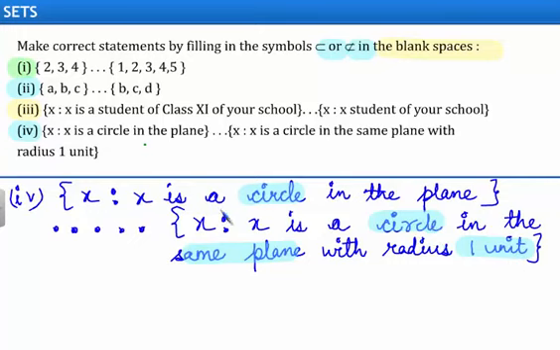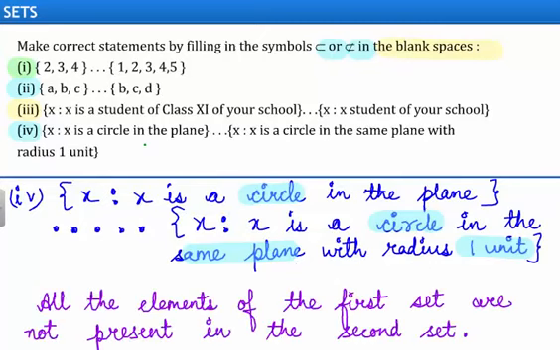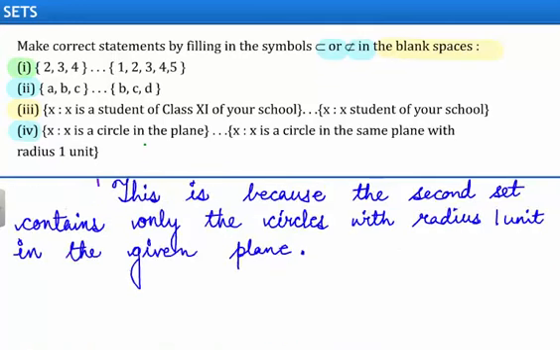That means all the elements of the first set are not contained in the second set. So we can say all the elements of the first set are not present in the second set. And the reason for this is the second set contains only the circles with radius 1 unit in the given plane.